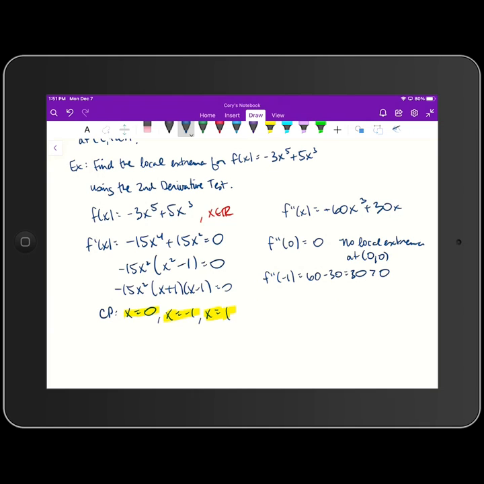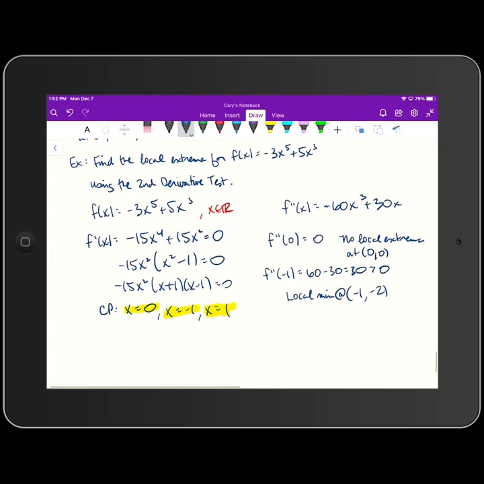If we have a horizontal tangent on a graph that is concave up, that means we have a local min at negative 1, and then I plug negative 1 back into the original function to get the y-coordinate. Negative 1 to the 5th is negative 1, times negative 3 is positive 3. Plus 5 times negative 1 is negative 5. And 3 minus 5 is negative 2.